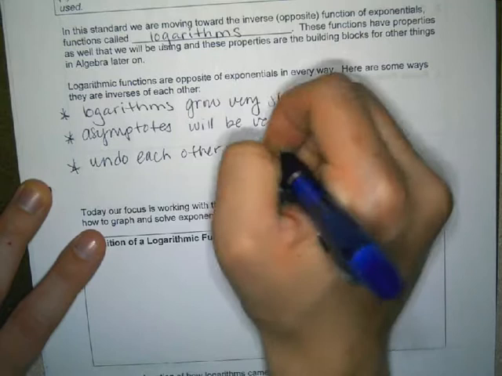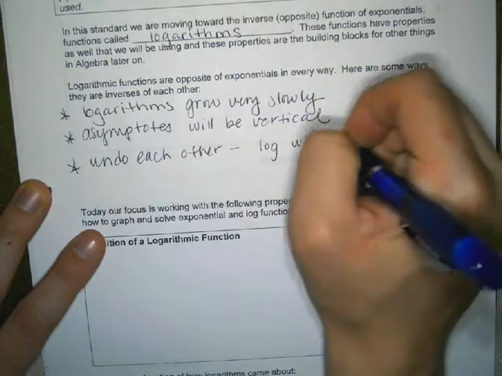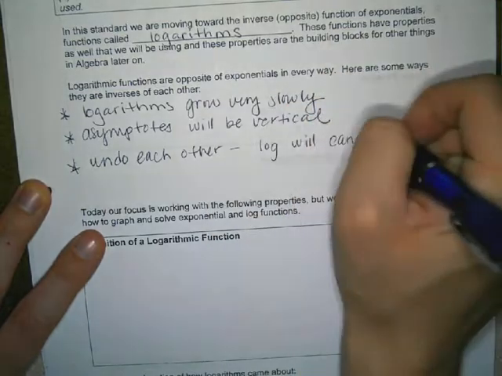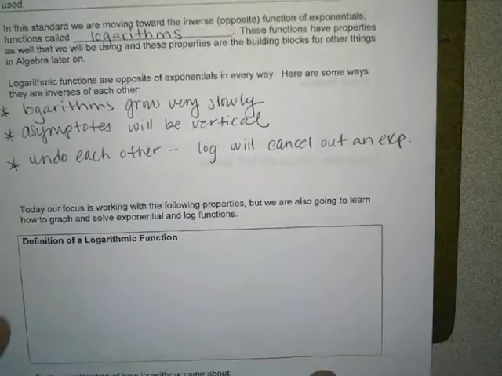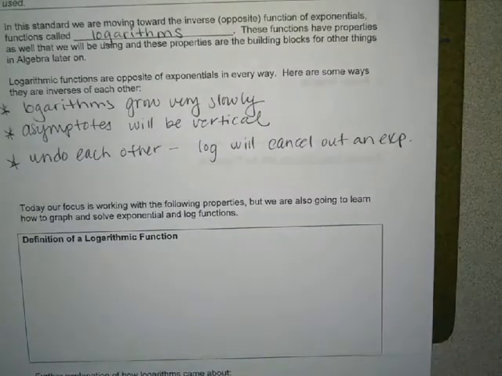So a log will cancel out an exponential. Much like if you were to square a square root, the square cancels out the square root because a square and a square root are opposites. So a log and an exponential will be opposites.